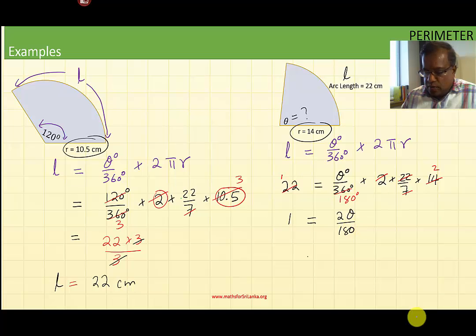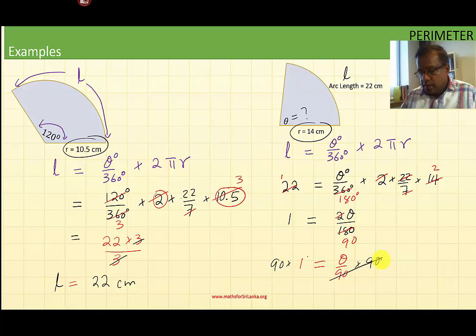Again 2 is a factor, and you get 90. So we have 1 equal to theta over 90. Now multiply both sides by 90, so the 90 cancels out. Clearly we get theta equal to 90 degrees.